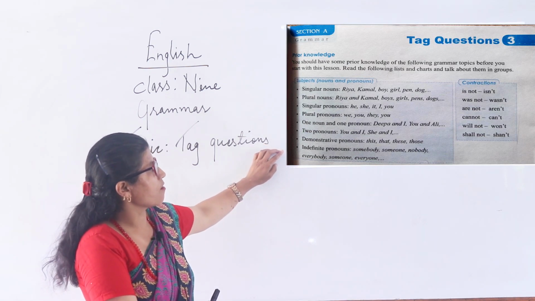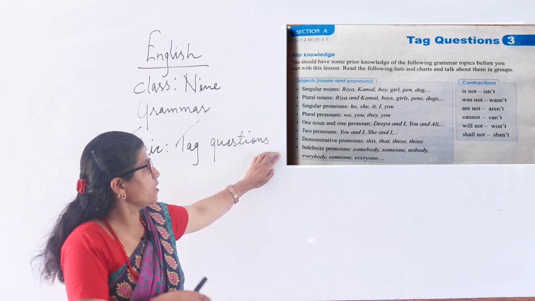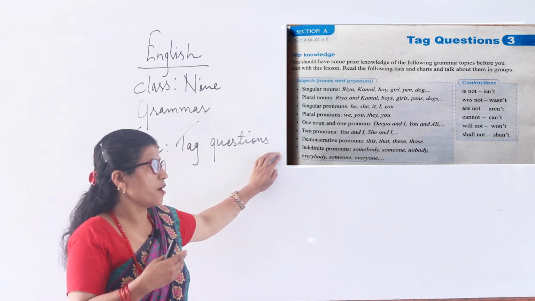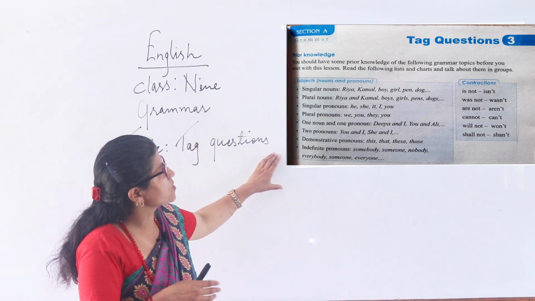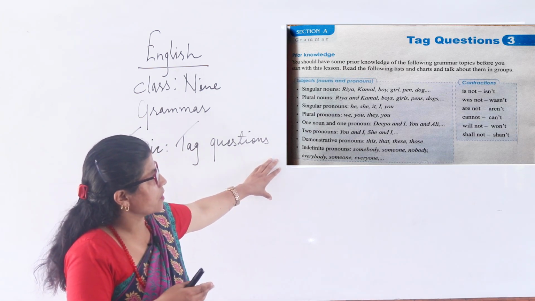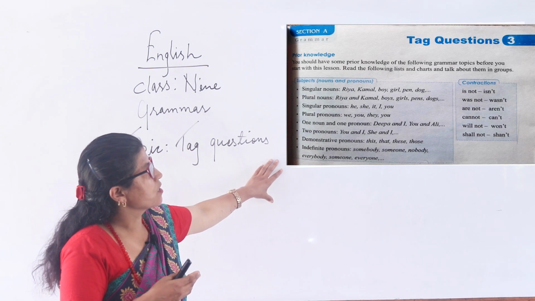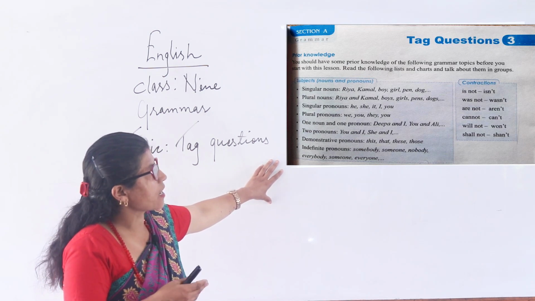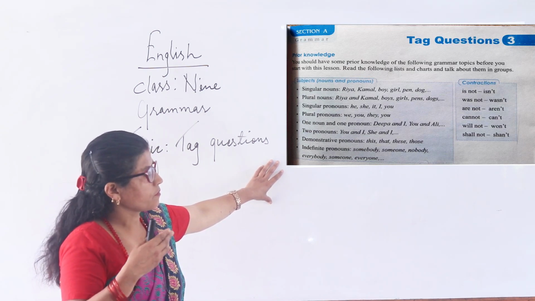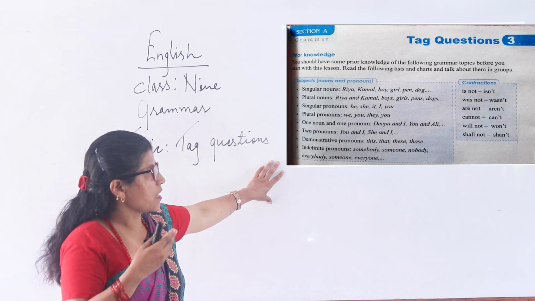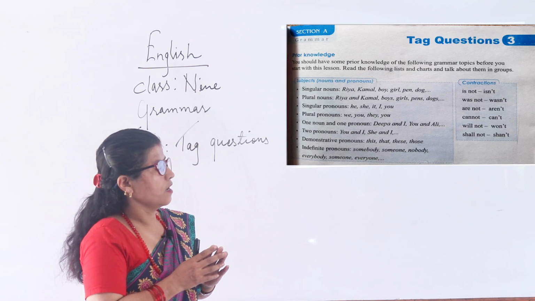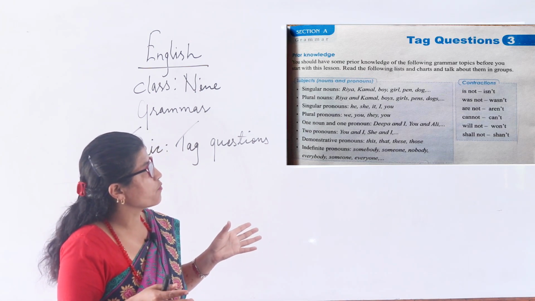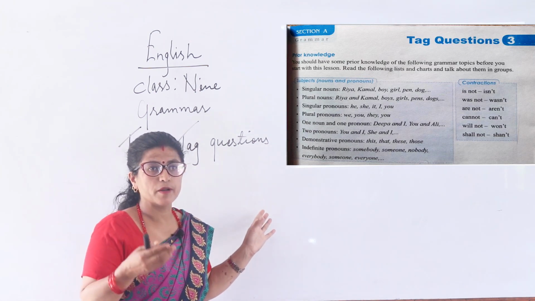Similarly, indefinite pronouns are like somebody, everybody, nobody, someone, everyone. So you must keep these things in mind to understand question tag properly. Similarly, we use contractions in question tag. A sentence is a group of words that gives complete meaning.